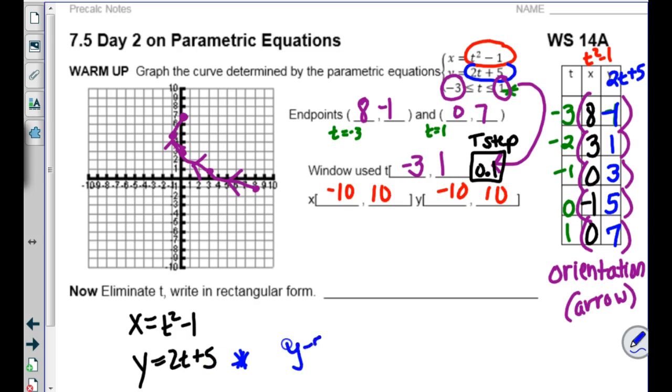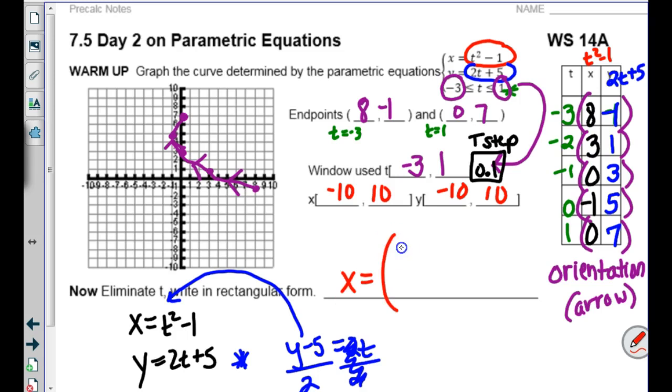Y minus 5 equals 2t. Then if I divide both sides by 2, I have t equals this weird quantity. Everybody good? Then I'm going to put that into the x equation so that it now says x equals, instead of t, I'm writing y minus 5 over 2, quantity squared. And then it says minus 1. And you're okay to leave it like that.